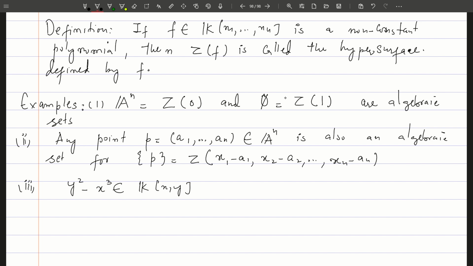Then the zero set of y squared minus x cubed, which is a subset of A^2, is an algebraic set.